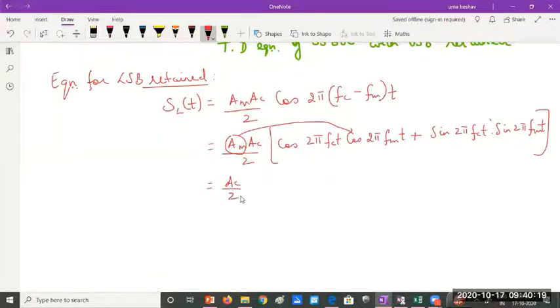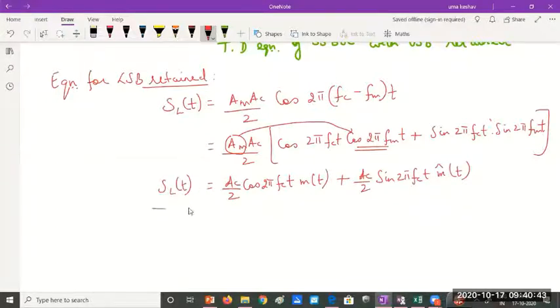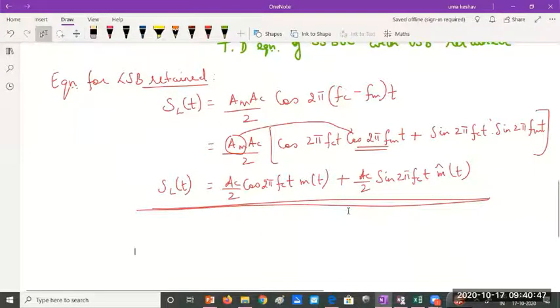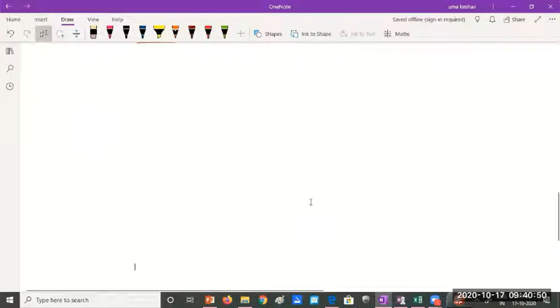You will get the same equation, AC by 2 cos 2 pi FCT into M of T, since AM cos 2 pi FMT is M of T, plus AC by 2 sin 2 pi FCT into AM sin 2 pi FMT, which is M cap of T. So this would be the equation for LSB signal SL of T. I hope you understood the difference. So this is about the time domain expression.